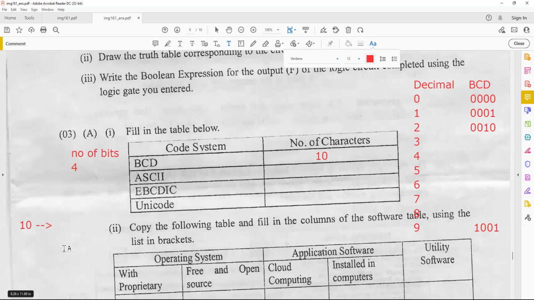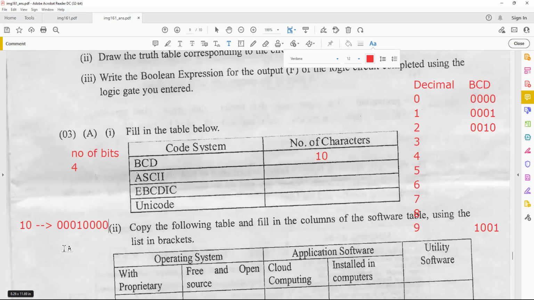So 10, you cannot use like this. This is wrong. You have to have the 1 separately, with leading zeros, and then 4 zeros. So this is how you should represent 10 in BCD. Make a note of this. I think we have discussed these earlier as well. If you do not remember, maybe I could share the videos on those.